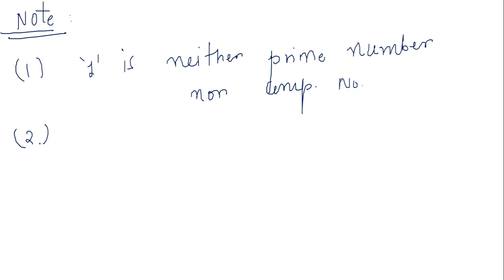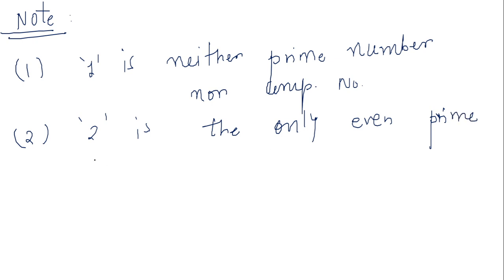2 is the only even prime number. We know what an even number is as well as we have studied what a prime number is. So within prime numbers you are not going to find any even number except 2.